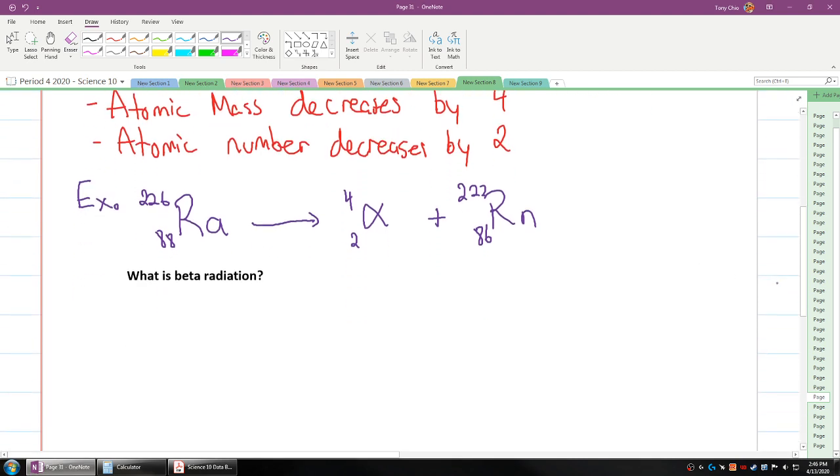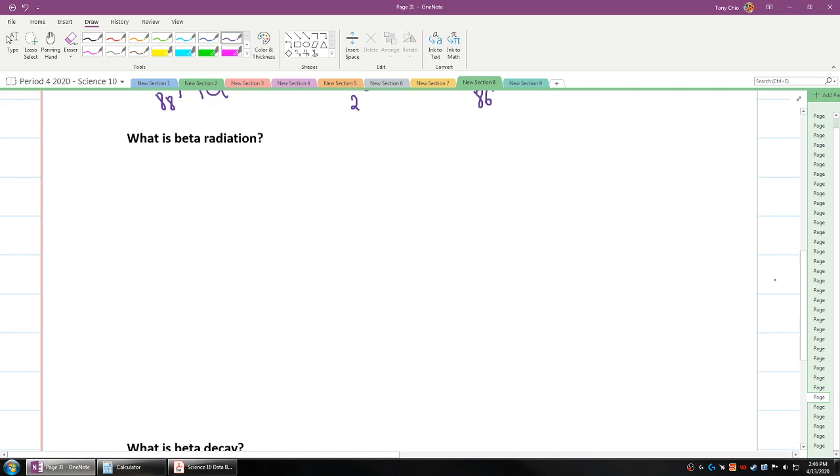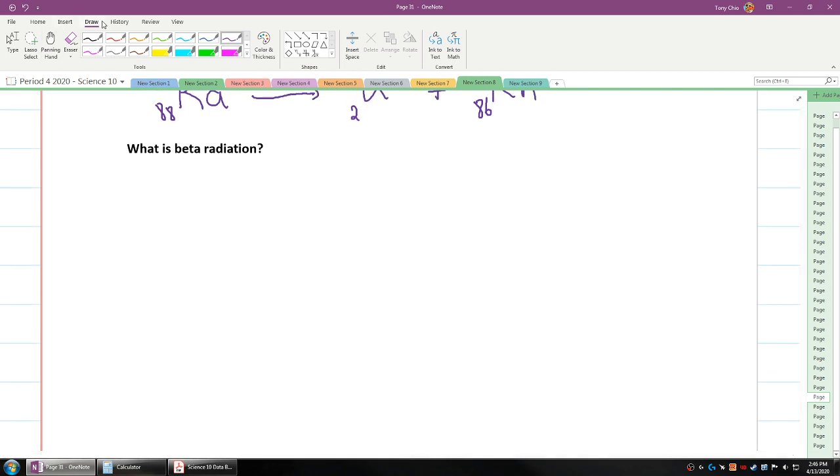Likewise, if we move to what beta radiation is, it's where you're going to be emitting beta particles. Now, these beta particles are much smaller, and they actually have a special symbol.